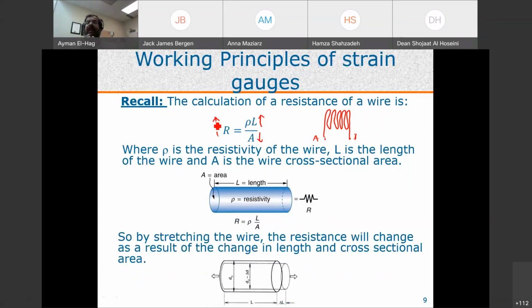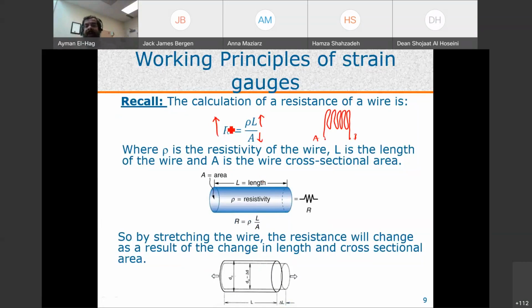A sensor is a device that converts a physical phenomenon into an electrical phenomenon. So here, the strain, which is a physical phenomenon, is converted to a change in the resistance. So for you, you will not measure this change in length of the beam because it's very, very small.